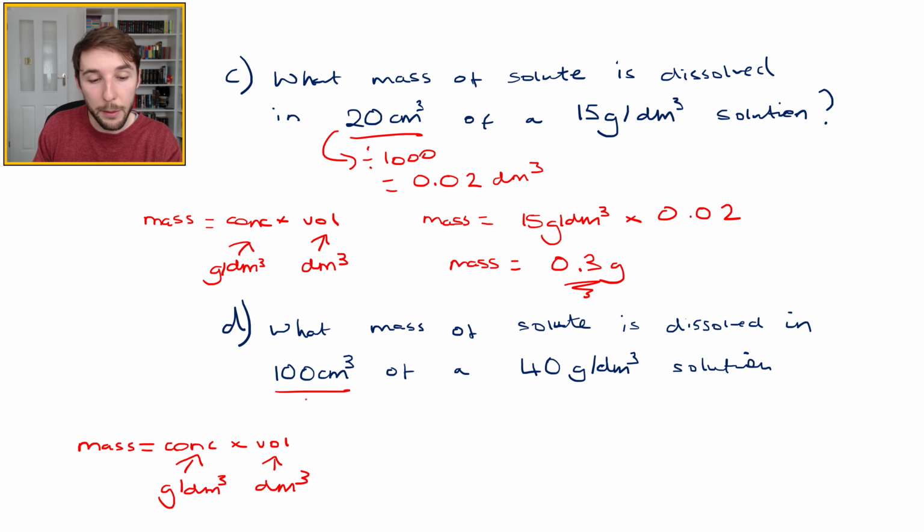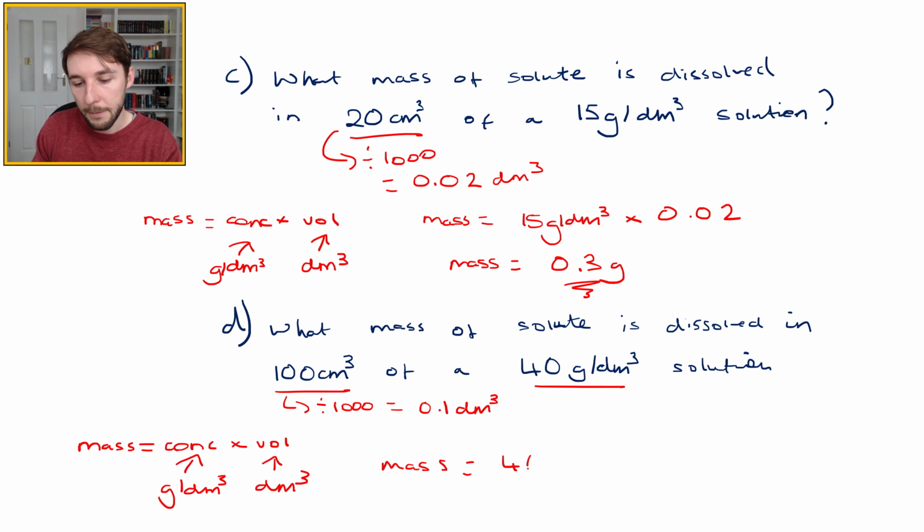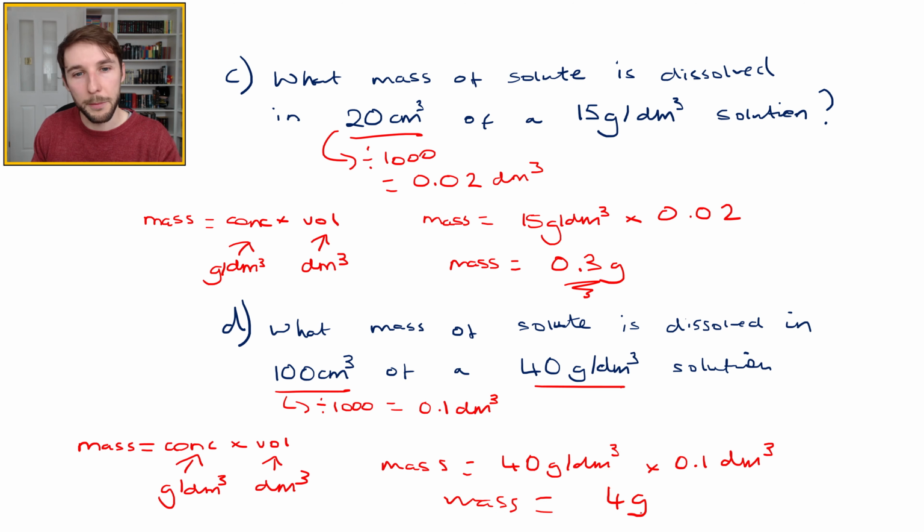Our volume is not in cubic decimeters, we're going to need to divide by 1000, and therefore we get 0.1 cubic decimeters. Concentrations in good units. So that mass will equal 40 grams per cubic decimeter times 0.1 cubic decimeters, and therefore you're going to get a mass of 4 grams. There we go, nice and simple.